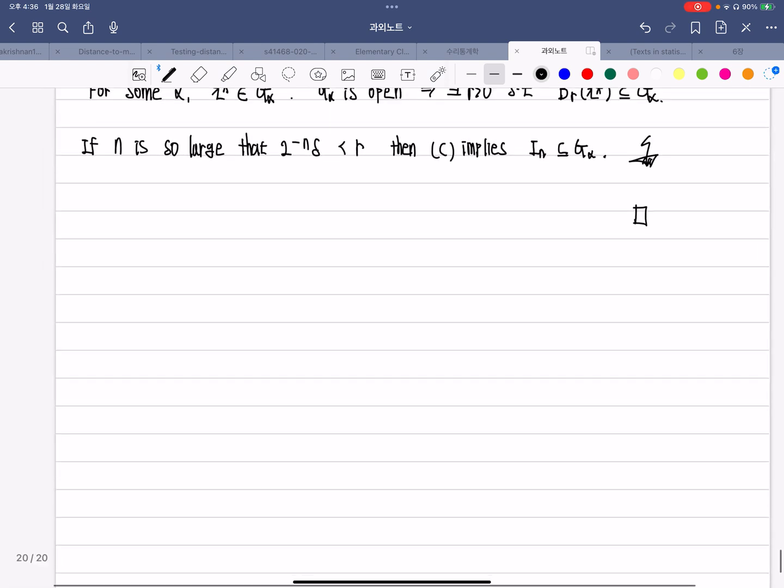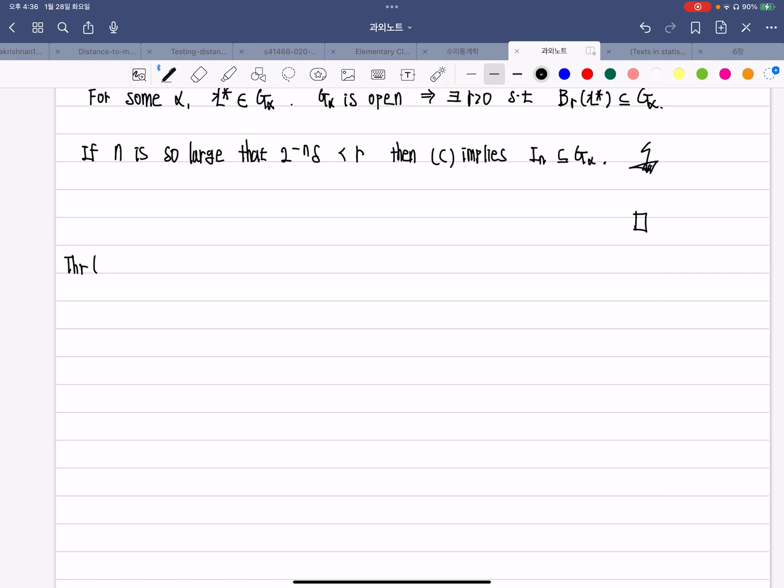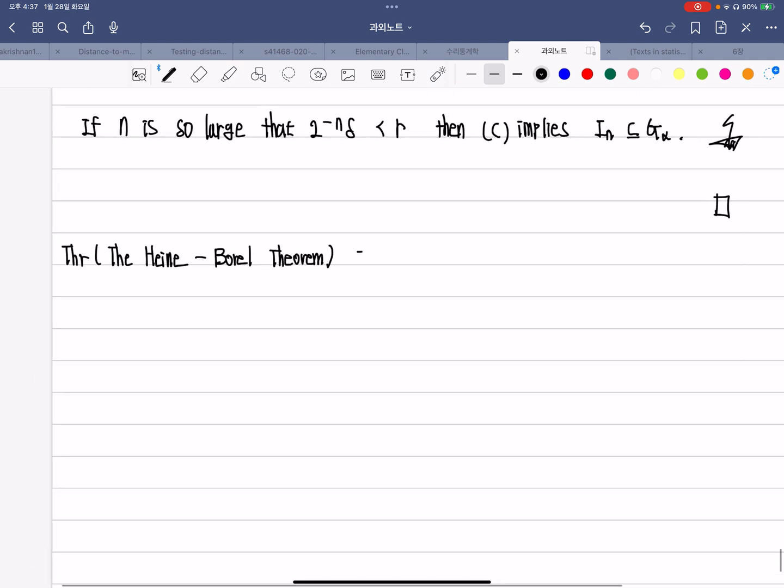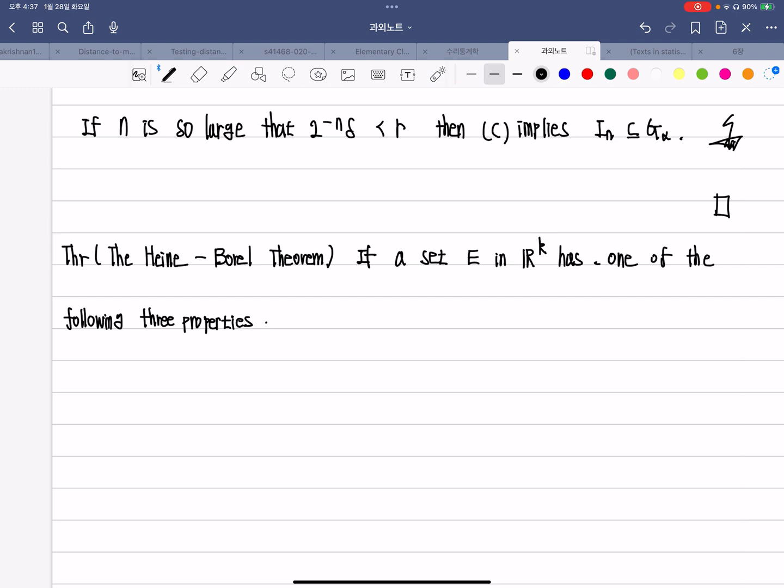Next theorem, the Heine-Borel theorem. If a set E in R^k has one of the following three properties, then it has the other two.